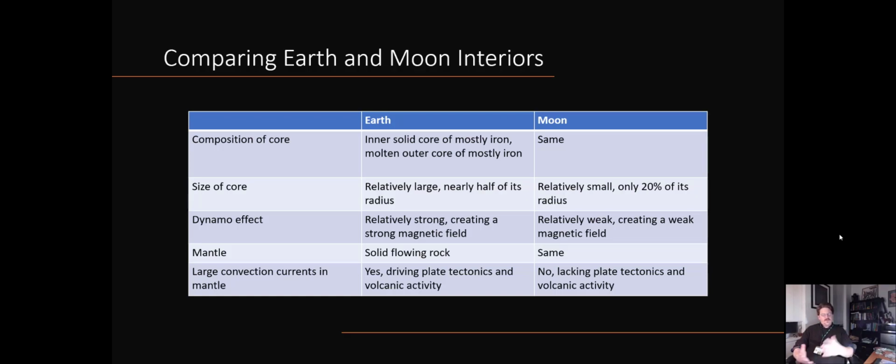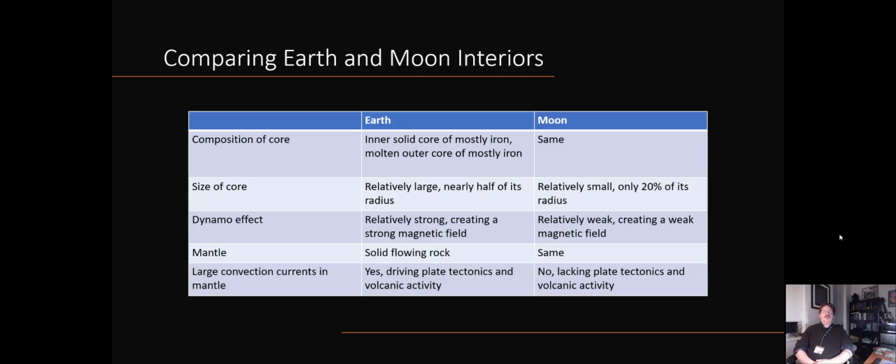Now, the primary difference between the Earth and the moon is the rotational speed, and we'll revisit this when I talk about Venus. One of the crucial elements for creating a strong magnetic dynamo is that the material which creates the dynamo has to be moving rapidly.